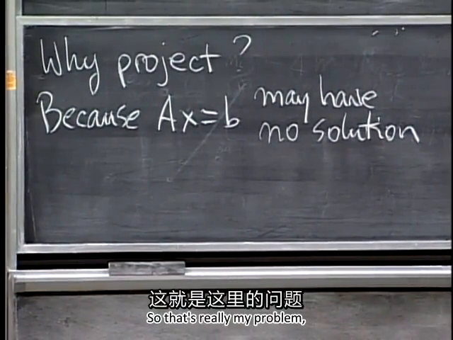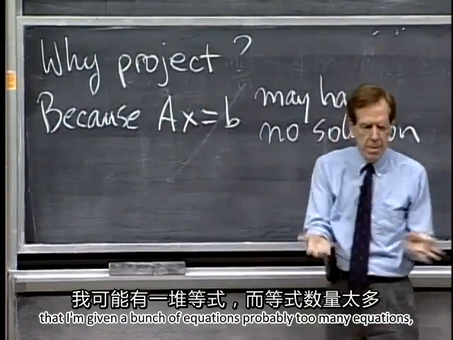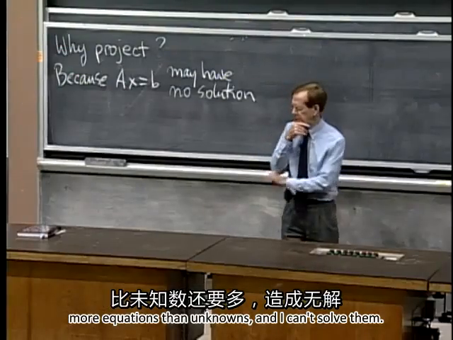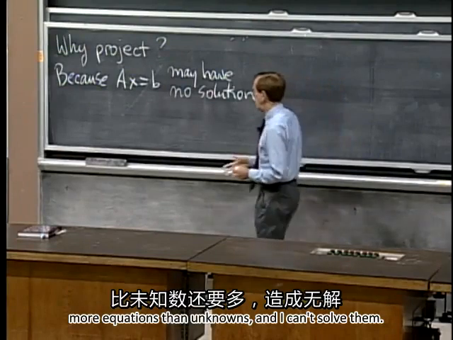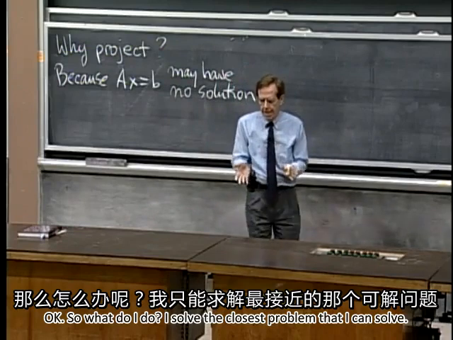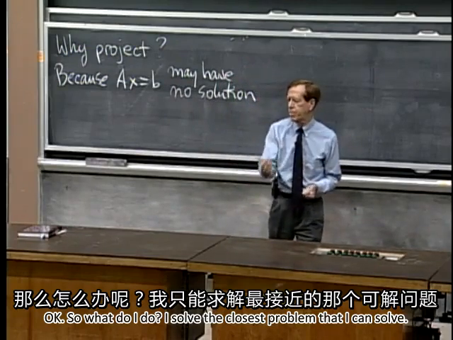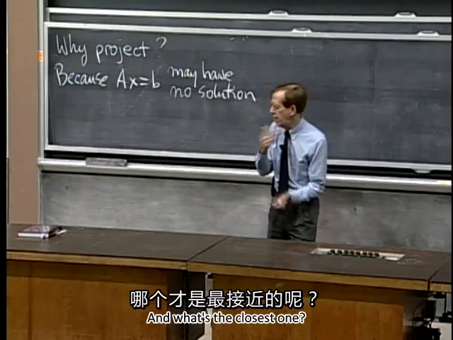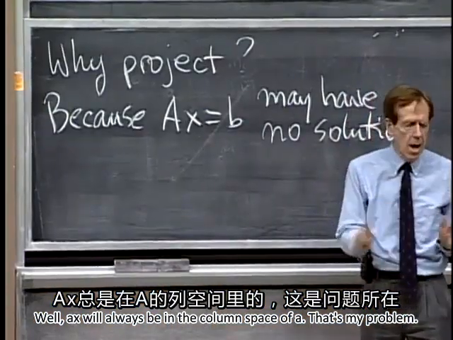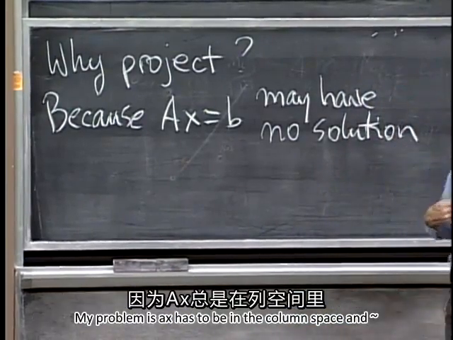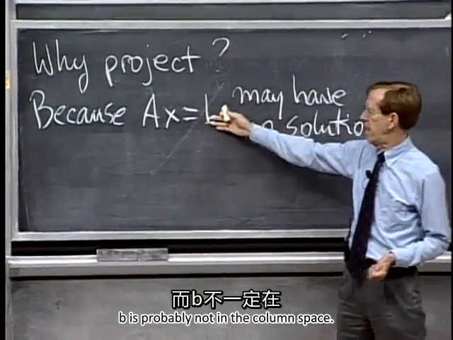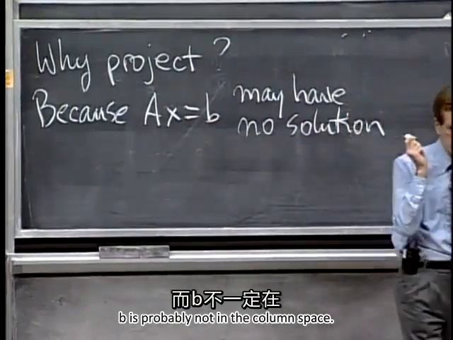So that's really my problem, that I'm given a bunch of equations, probably too many equations, more equations than unknowns, and I can't solve them. Okay, so what do I do? I solve the closest problem that I can solve. And what's the closest one? Well, AX will always be in the column space of A. That's my problem. AX has to be in the column space, and B is probably not in the column space.